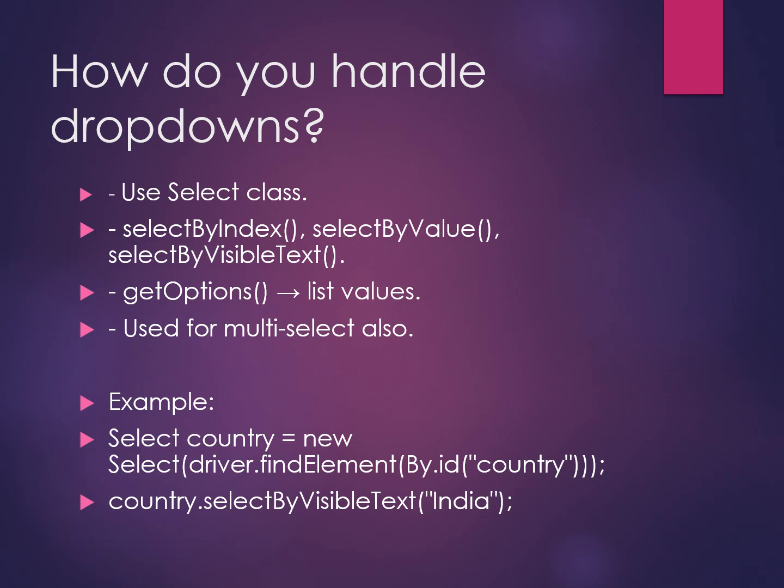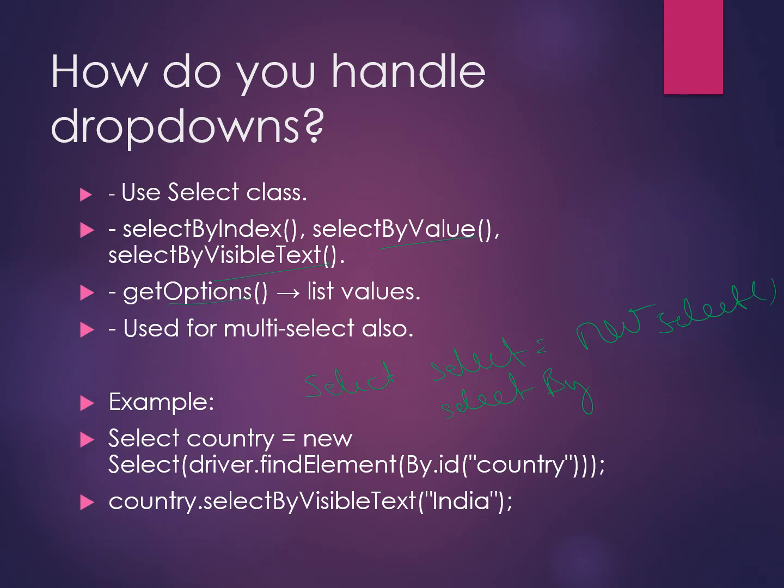First of all, we need to initialize the Select class. Select select = new Select. Then select by index, select by value, select by visible text, and getOptions. As well as that there are so many functions.